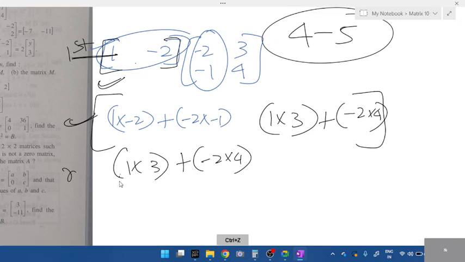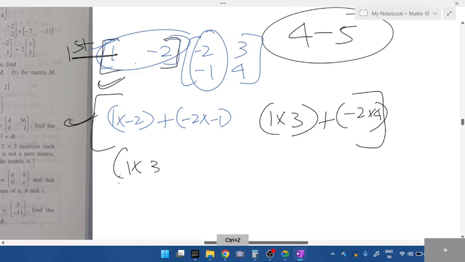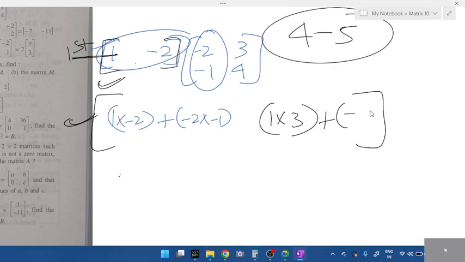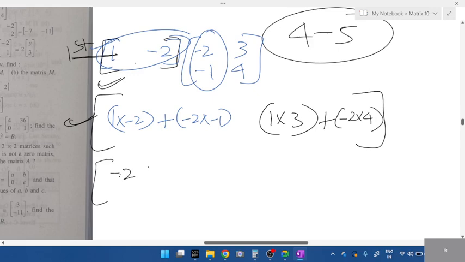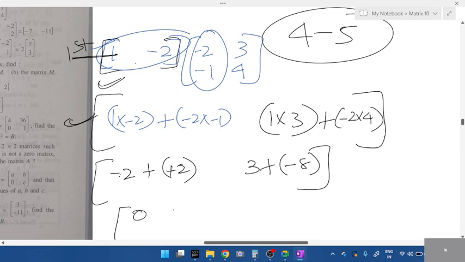So this is how you solve it. Minus 2 plus 0. 3 minus 8 is minus 5.